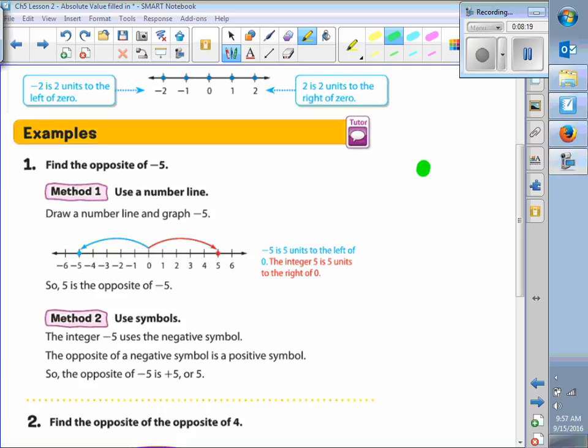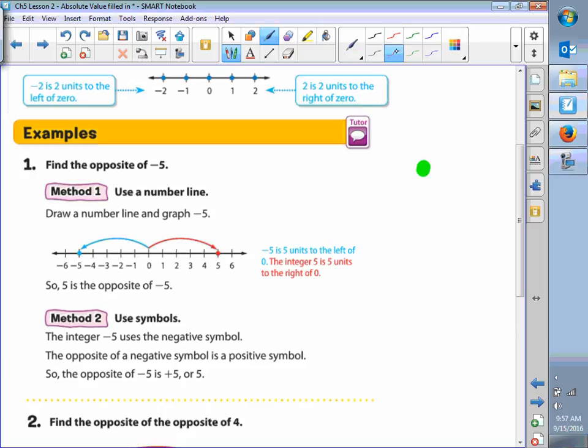So for the first example, we want to find the opposite of negative 5. If we're using the number line, all we have to do is count in the other direction, right? So here, there's negative 5, and it's 1, 2, 3, 4, 5 units away to the left of 0.